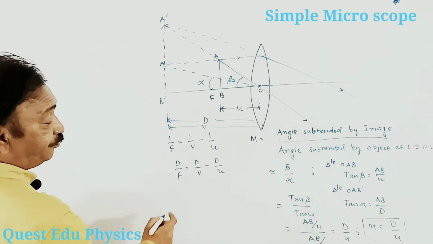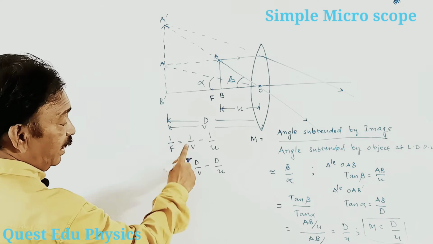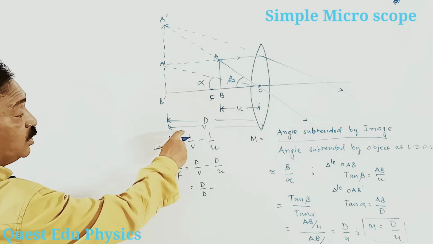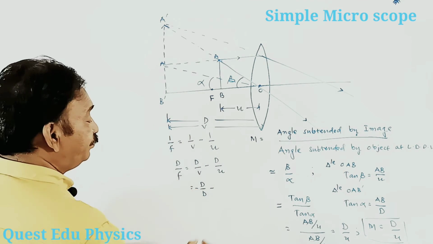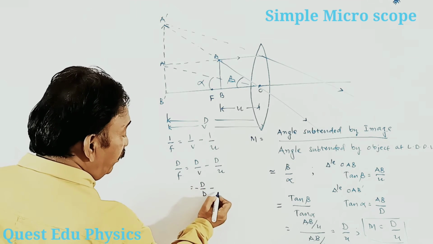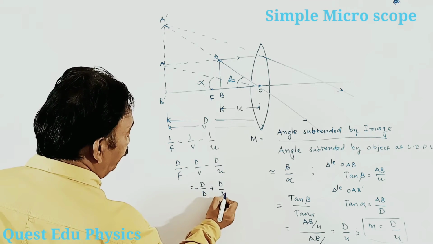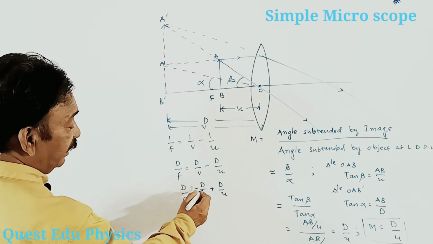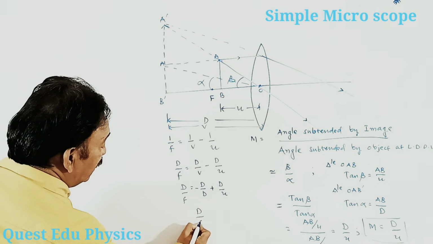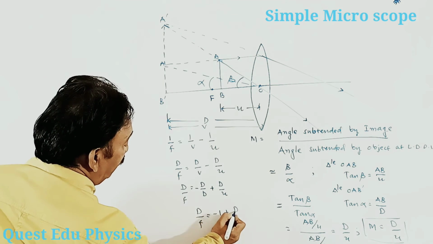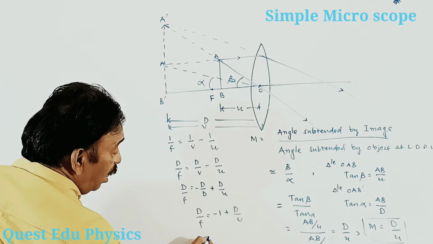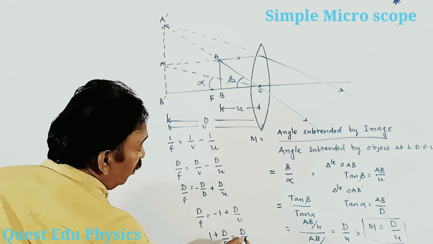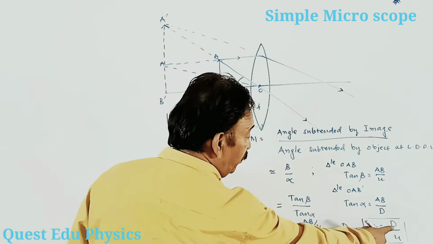Here image is formed here. Okay, and it can be written as D by D minus, I am using sign convention here. It's a minus. It is minus of D by U, means what? Plus D by U. Here it is D by F. Here D get cancels and we get D by F is equal to minus 1 plus D by U, or 1 plus D by F is equal to D by U. Already we know that D by U is equal to magnifying power.